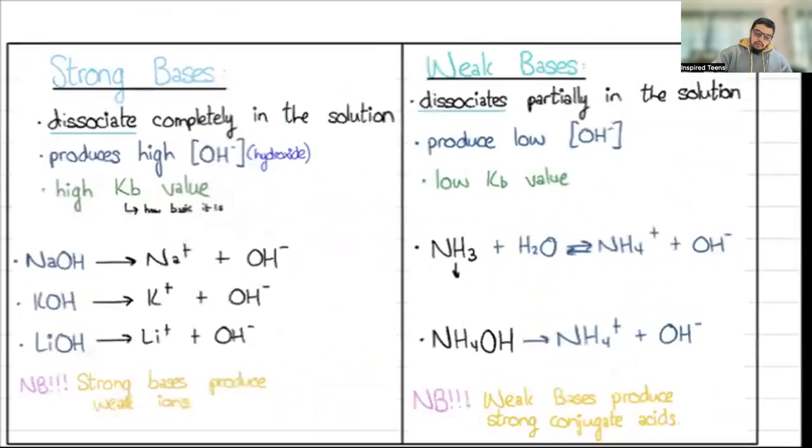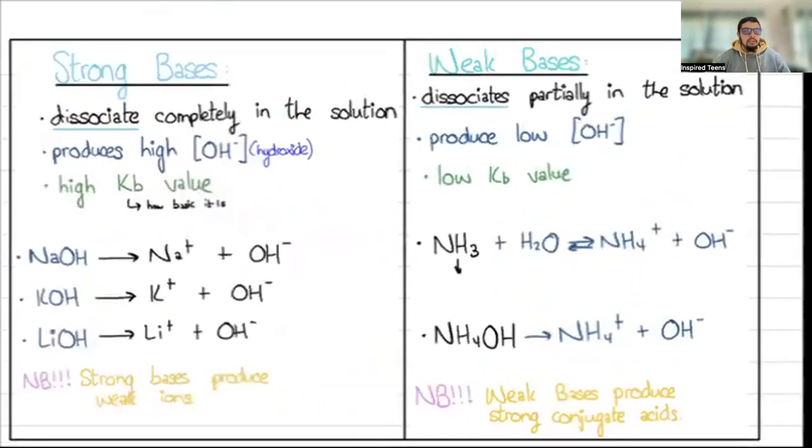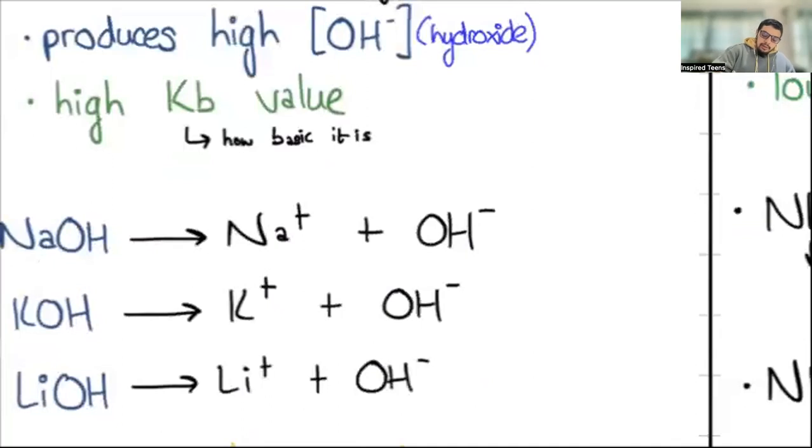So strong bases and weak bases: one dissociates completely, one dissociates partially. Strong bases produce a high concentration of hydroxide ions, while weak bases produce a low concentration of hydroxide ions. A strong base would have a high Kb value. You can assume that a Kb value is essentially a basic constant, or an alkaline constant.